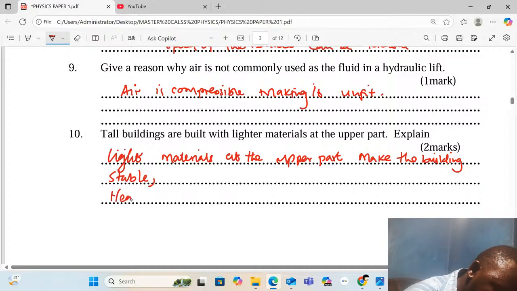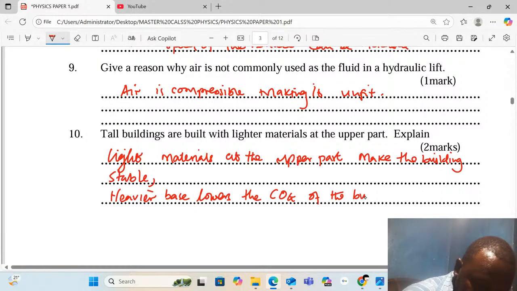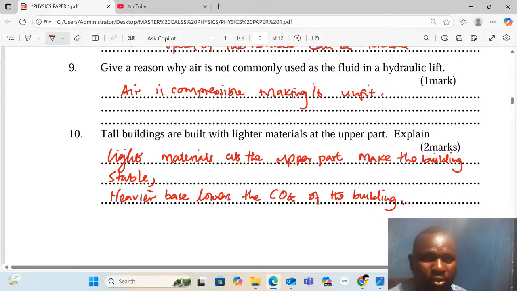Heavier base lowers the COG of the building. Lowers the COG of the building. We can move on to the next question.